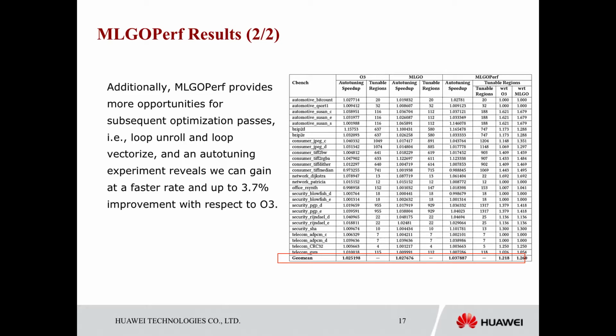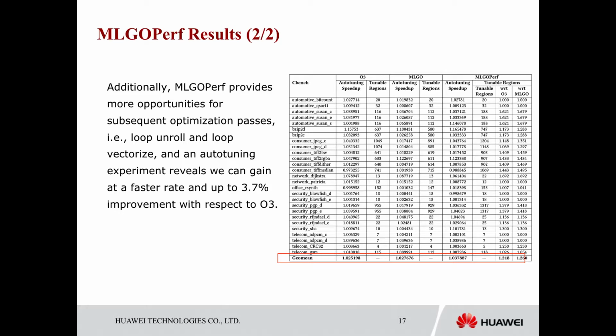If you take a look at the tunable regions, each tunable region is actually one opportunity to tune. Let's say you have a loop unrolling opportunity for which you can play around with the unroll count. That would be one tunable region. You see the tunable regions in certain cases haven't improved much, perhaps because they were limited to only those regions.